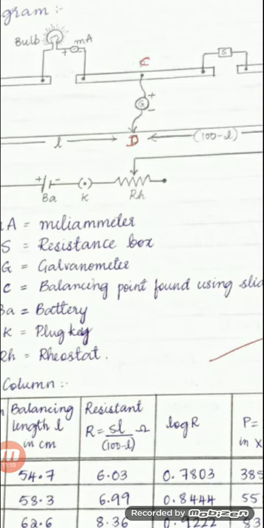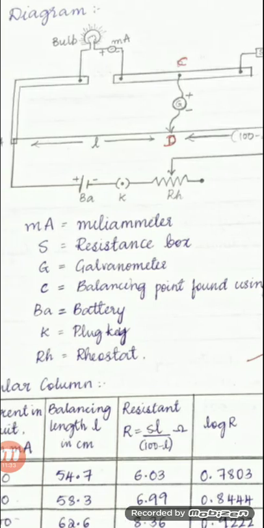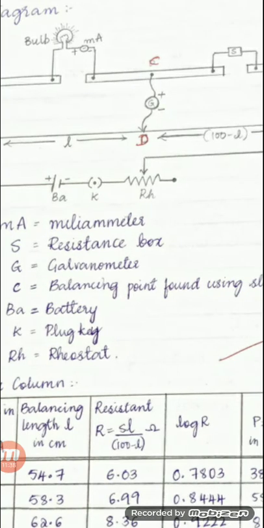Here we are unplugging 5 ohm of resistance in the resistance box, then we vary the rheostat.